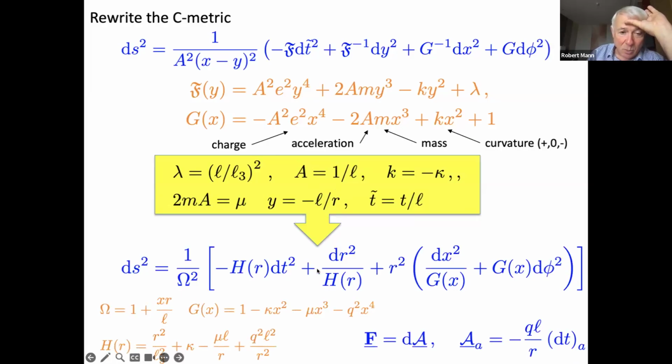So now we get something in this sector maybe a little more familiar. We get a Schwarzschild-AdS-like metric function, r squared over L squared plus this parameter kappa that's 1, 0, or -1, a mass type term, a charge type term. Here is the g of x.